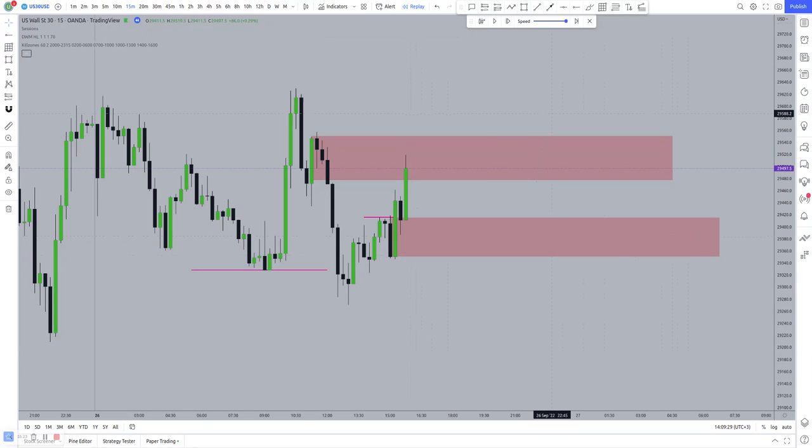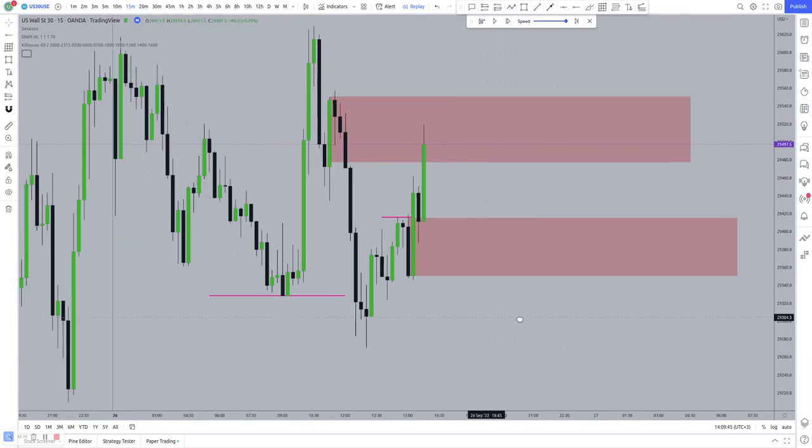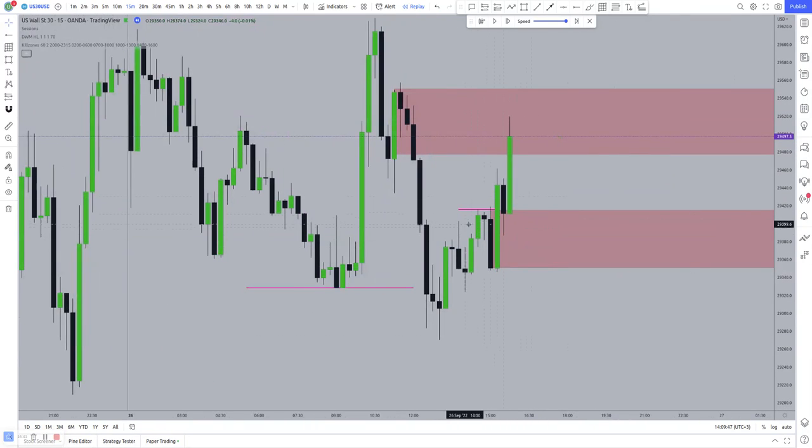This is a good example of opposing blocks or opposing structures. So you have a structure to sell, but then you have also a structure to buy. Why? This candle broke this short-term high. This is a breach right here. This candle came back into this order block, rejected, and the next candle, so much bullish momentum in here.